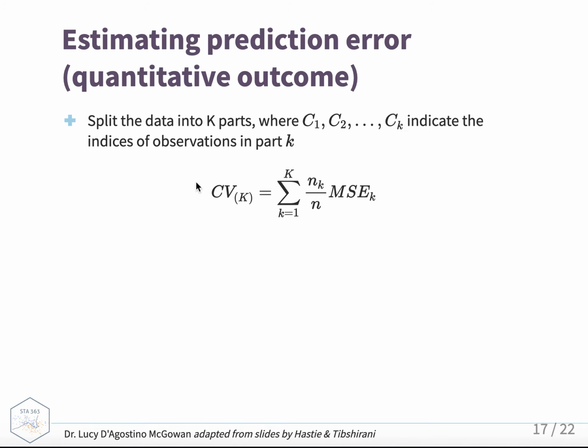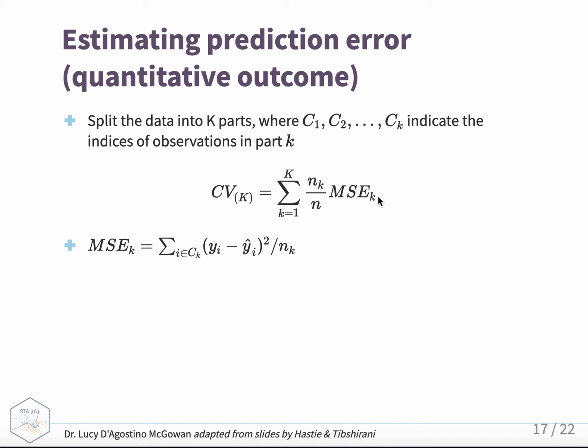My cross-validation error is just going to be the sum from k equals 1 to K of nk over n times the mean squared error of k. Basically this is the same as taking the average across each of those k mean squared errors.